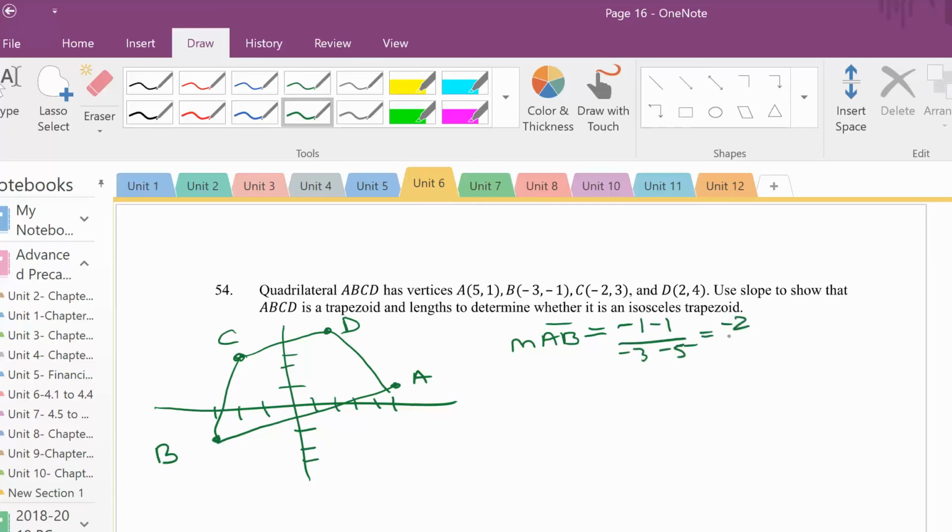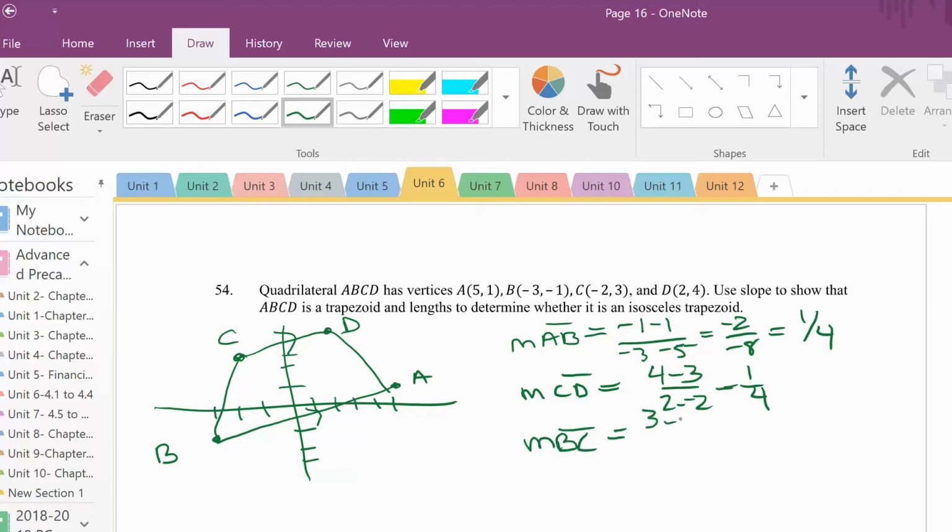So it's -2 over -8, which is 1/4. The slope of CD is 4 minus 3 over 2 minus -2, so it's 1/4. So notice these are parallel here, so let's see about BC and AD.